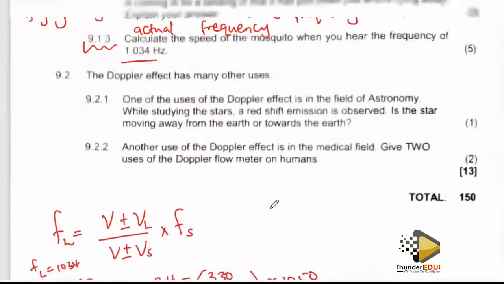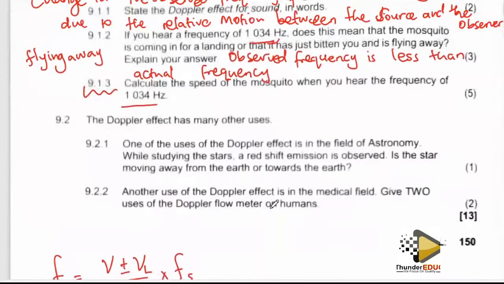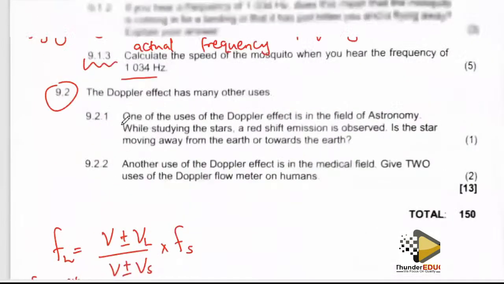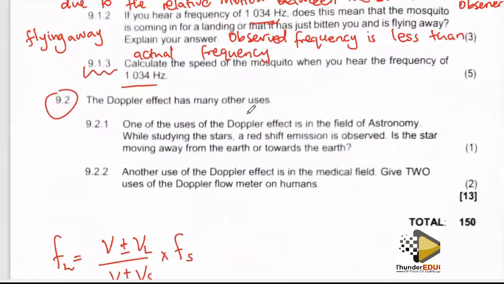Question 9.2. They're telling us the Doppler effect has quite a lot of uses. One of the uses in the field of astronomy while studying the stars is what we call a redshift emission. When you have a redshift, is the star moving away from the Earth or towards? In most cases, when you have a redshift, it's moving away. What is the reason?